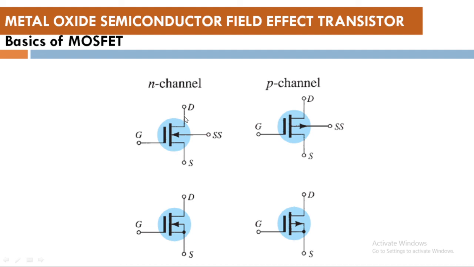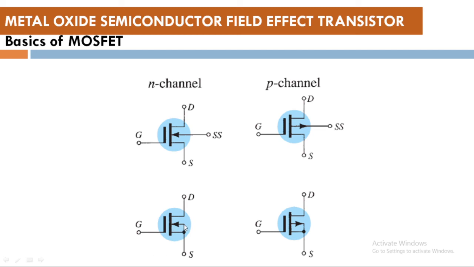See, if it is a depletion type of a MOSFET, you will be able to see a continuous channel between S and D, and if substrate is internally connected, then this will be the symbolic representation, and usually this is the symbolic representation which is given at the bottom is used.